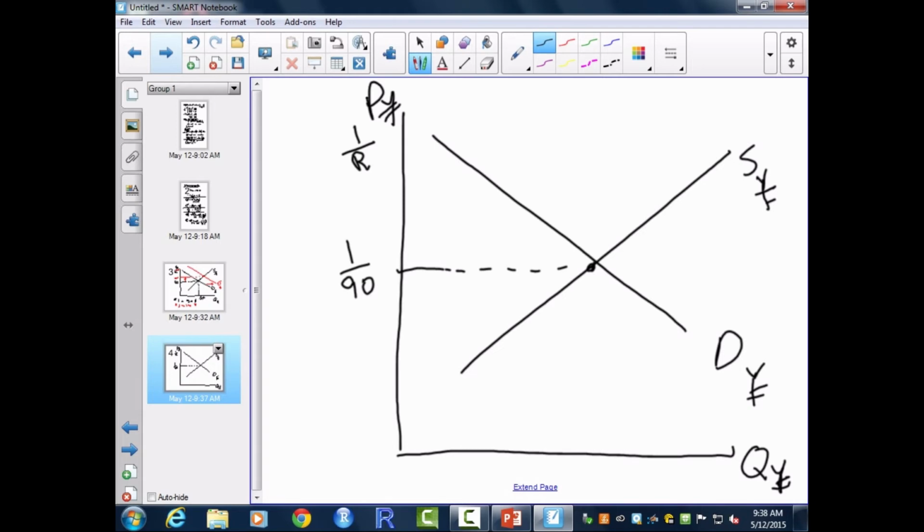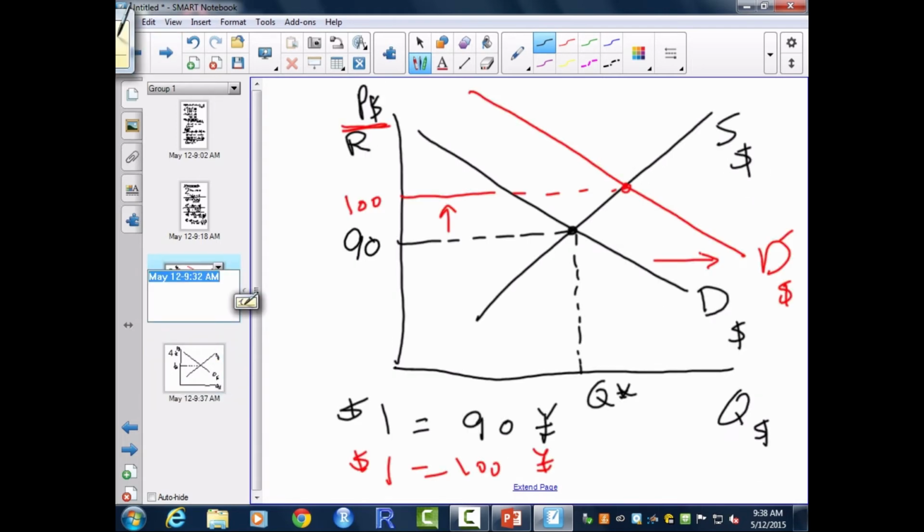So in the previous picture, we said demand for US dollar goes up. This demand for US dollar will go up to D prime because the Japanese have more income. Let's assume that's the reason. They have more income, therefore their demand for US dollar will go up.